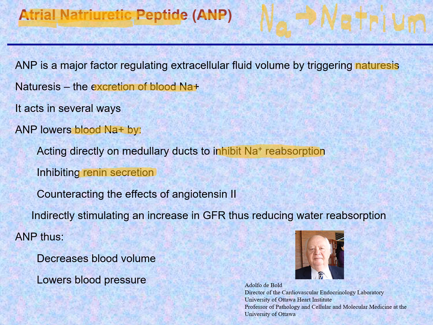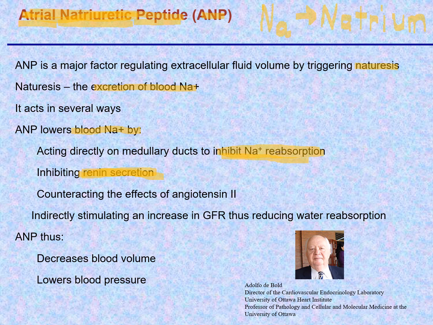I remind you that renin secretion triggers angiotensin 1, which forms angiotensin 2, and angiotensin 2 can trigger aldosterone release, and aldosterone causes sodium reabsorption, so it inhibits renin, inhibiting therefore sodium reabsorption.